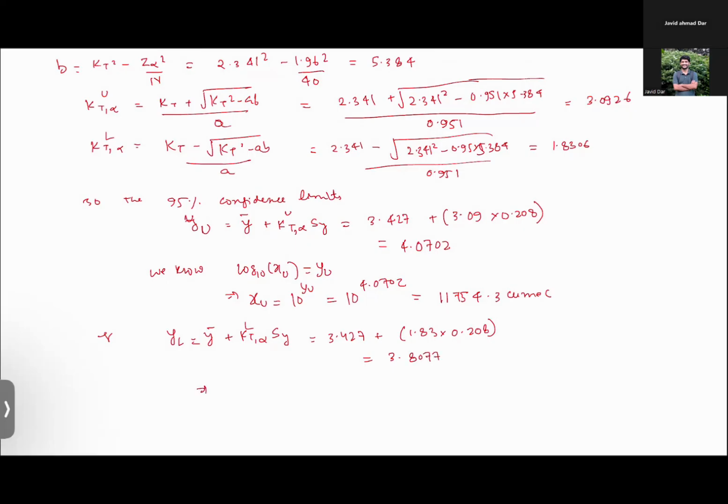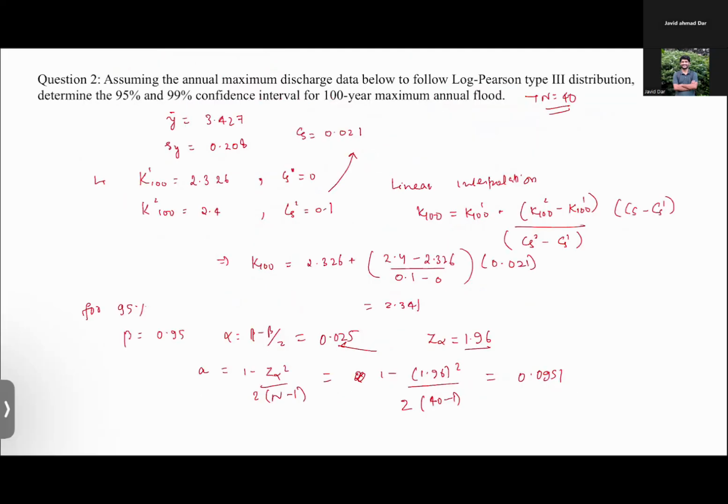And if you calculate XL, then that will be 10 to the power YL, which is 10 to the power 3.8077. This comes out to be 6422.44 cubic meter. So these are the upper and lower limits of the 95% confidence interval corresponding to the data we have in this problem.